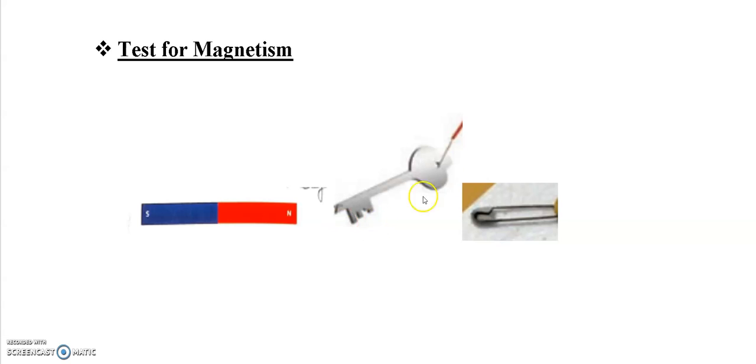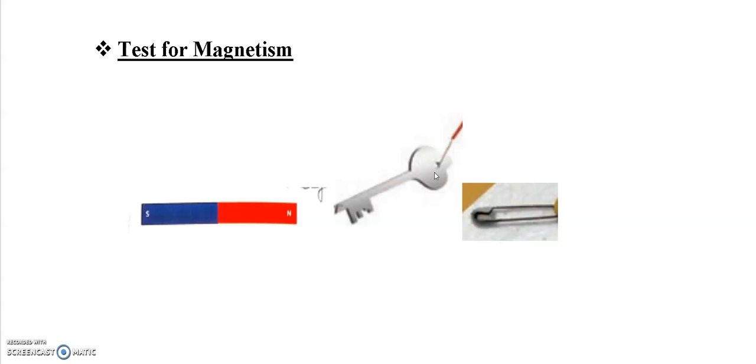We know that. Now, if we take this key near this magnet, it will get attached to it because this is a magnet. And if we take this safety pin near this key, the safety pin would also get attached to this key.